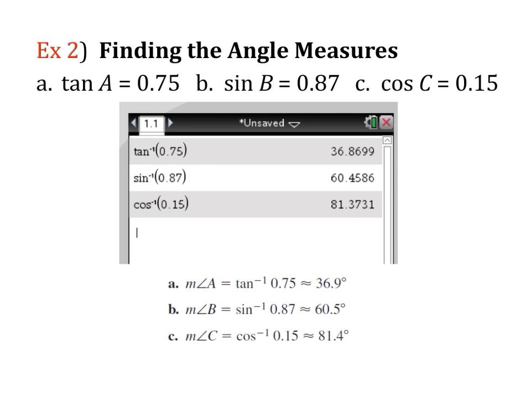The rest of these would be inverse sine of .87, hit enter, should have gotten 60.4586. Do cosine inverse of .15 for part C, and you should have gotten 81.3731. So measure of angle A comes out to be approximately 36.9 degrees. Measure of angle B comes out to be 60.5 degrees, and measure of angle C comes out to approximately 81.4 degrees.